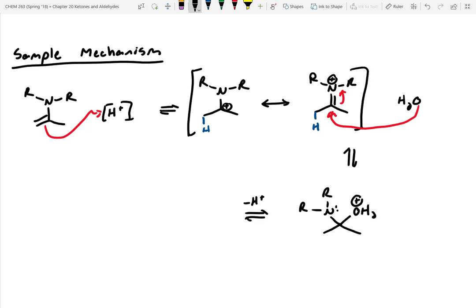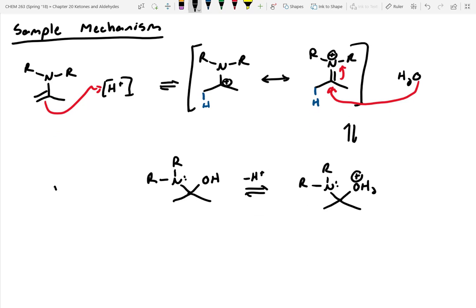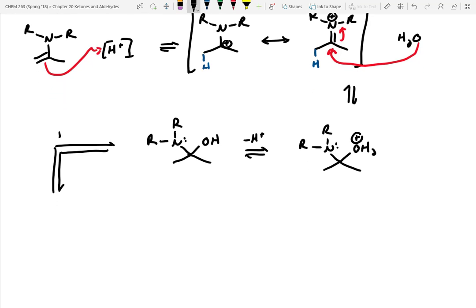So I'll just write minus H+. We'll lose a proton from that water. It will look like this. And now, again, we need to do a proton transfer. So I'll just write plus H+. We're going to move that proton over to the nitrogen.